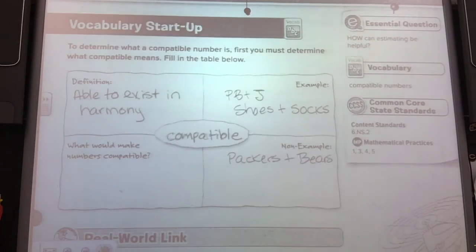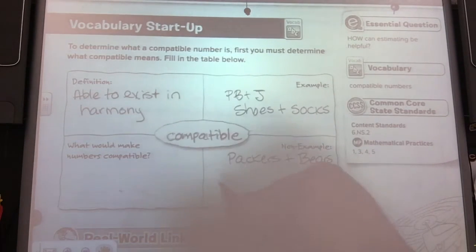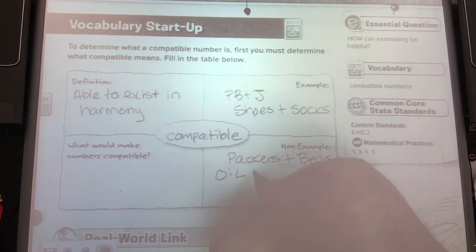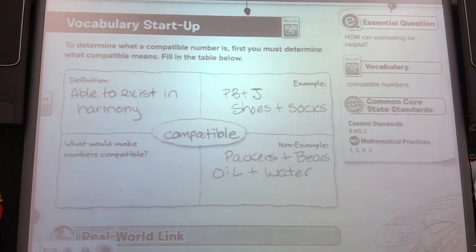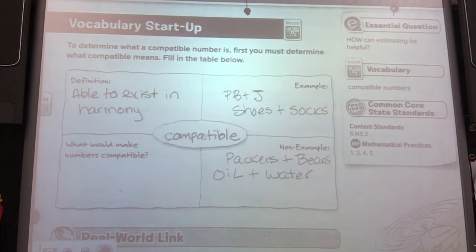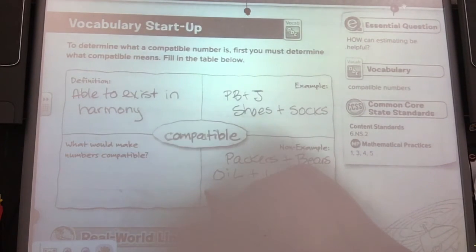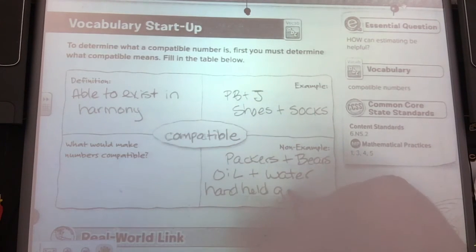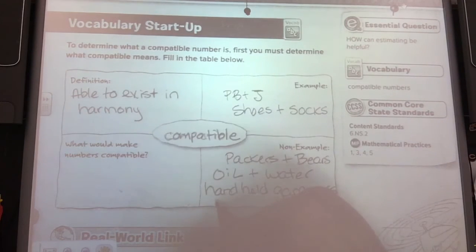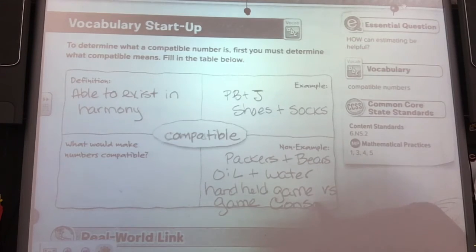How about oil and water? Oil and water, they don't mix at all, they separate. All right. How about a handheld game versus a game console? They are not compatible. Which you would think they would be. They are not.